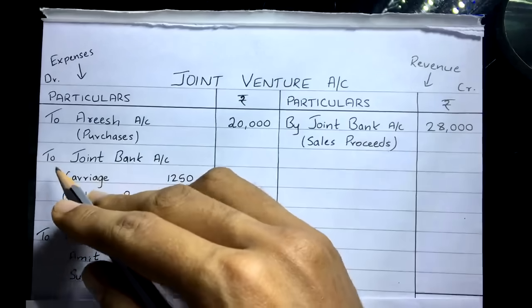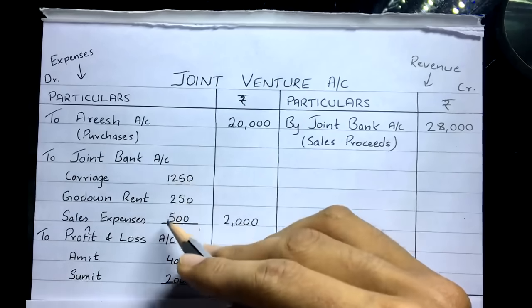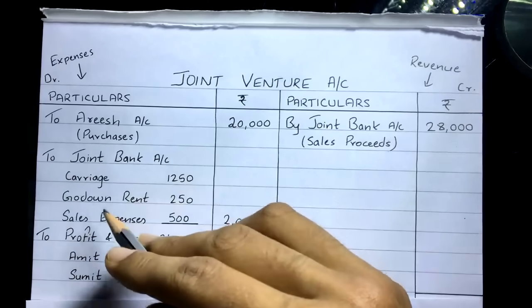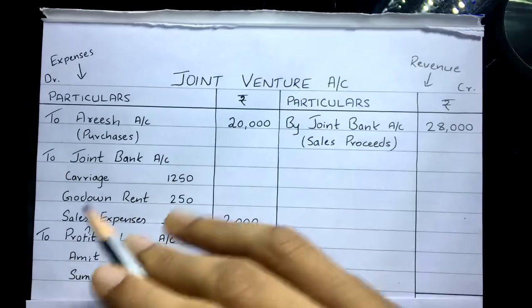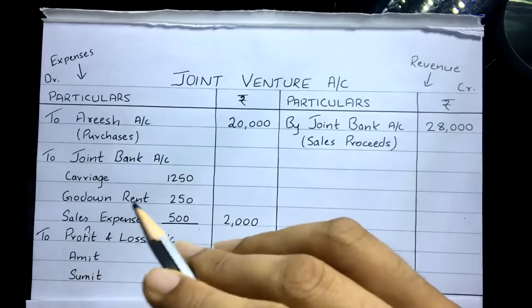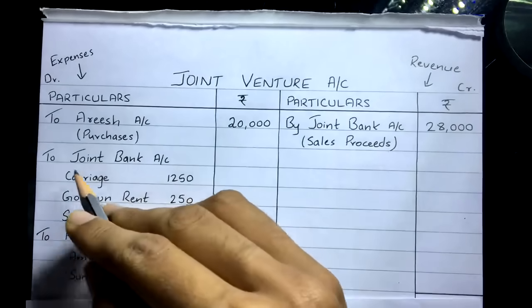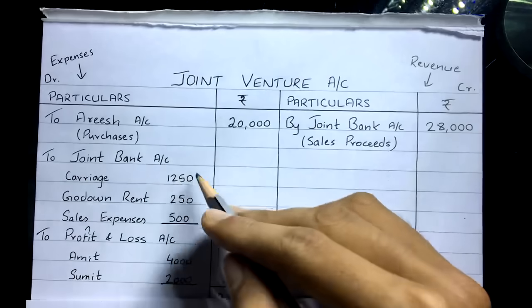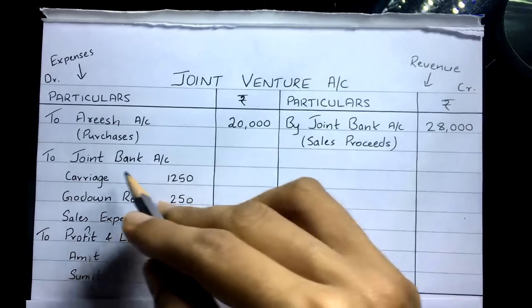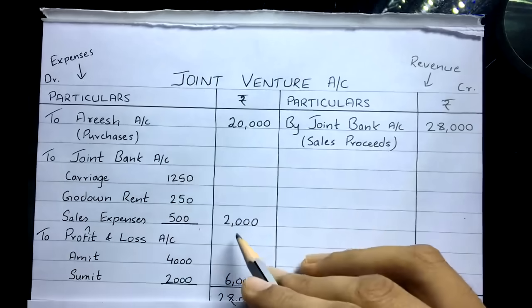So you have to take to joint bank account. We have to minimize the accounts, right? So we will not take carriage account, godown rent account, sales expenses account. No, we will not take that because we have to maintain the limited number of accounts. So we will just take to joint bank account. This is the only thing common in these expenses, right? We have made the payment through the joint bank account. So we will take it all together 2,000.